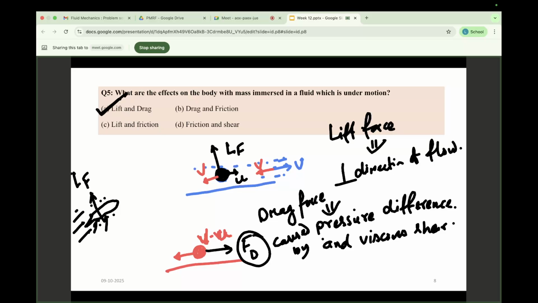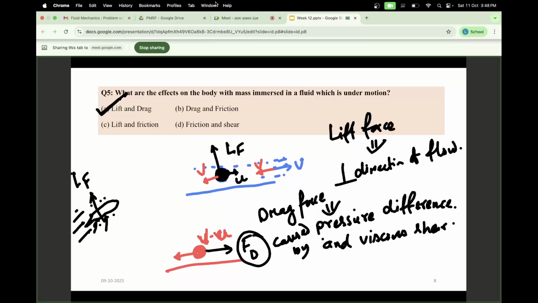So in the case of a fluid under action, generally we talk about lift and drag. Friction force we are not talking about in the case of a fluid, only in solids. If nothing is mentioned about the fluid, in that case you can talk about friction. So partially you are correct. Okay.